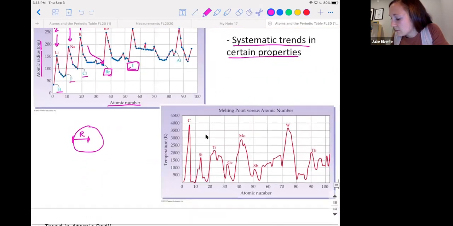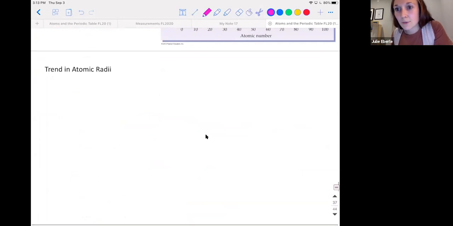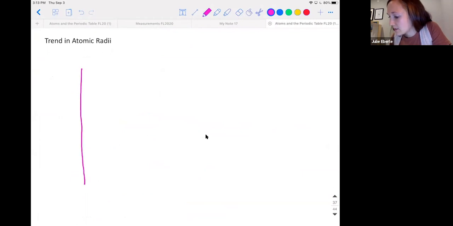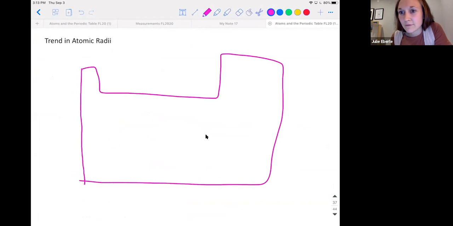So let's write this out. Oh, look, I put a slide in just so we could do this. I'm going to draw a periodic table. I'm really good at drawing these. Close enough. As you go from left to right, what we found, what was the trend? Atomic radius does what?